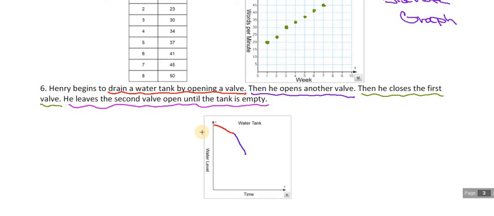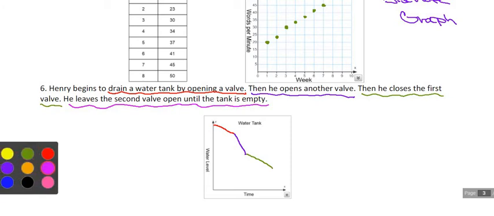So that downward line needs to now become more severe. But then if he closes the first valve, he now only has one valve open again. So now the water is continuing to drain, but not as fast, so it's not going to be as steep of a line. And then he leaves the second valve open until the tank is empty.